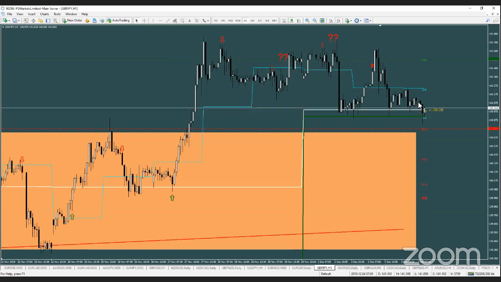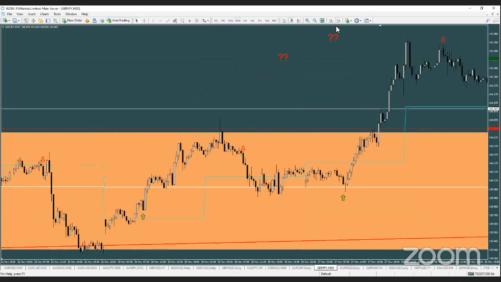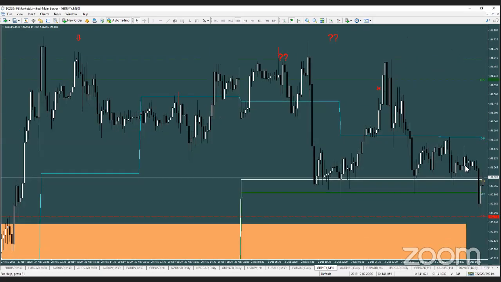Where's the high of that bar? How do I know? Let's go to another time frame. 30-minute chart. We're looking for the 7 o'clock bar. Yes, we are. So 7 o'clock would be one of these two, I think. There it is there. So the high is here. So we want 10 pips above that, which is 141.11, say.